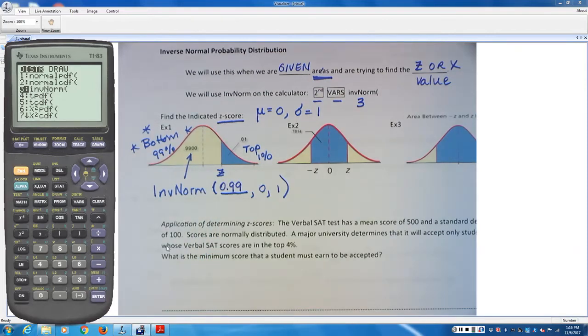So we'll choose that command, put in the 0.99, and then the mean of 0, the standard deviation of 1, close the parentheses and hit enter, and that z-score is 2.326.